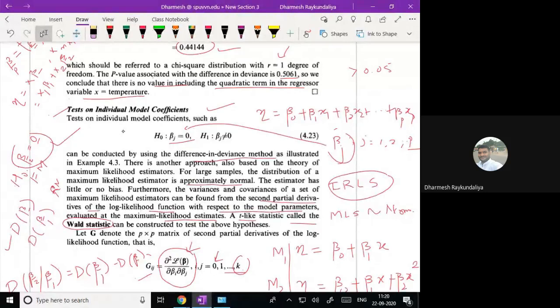But if you are going for the Wald statistic, you have to obtain the estimate of parameters, you have to obtain the Hessian matrix, you have to take the inverse of the Hessian matrix with minus sign, and that you have to evaluate at the MLE of beta.